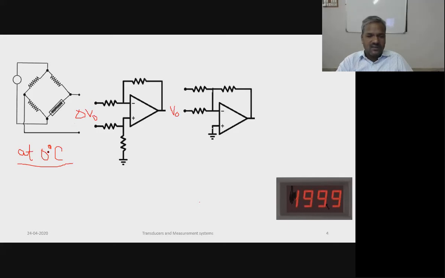What is the RTD resistance? The RTD resistance is 100 ohm, so this is 100 ohm plus del R. Del R is the increased resistance due to temperature. So at 0 degrees Celsius, del R is 0, only 100 ohm. Initially we should use, say, the excitation of 5 volt. Excitation is 5 volt.